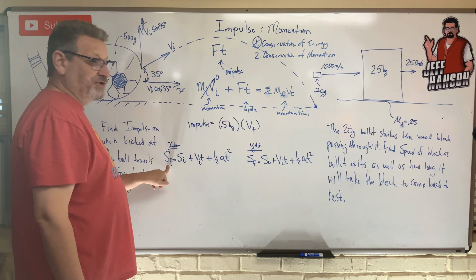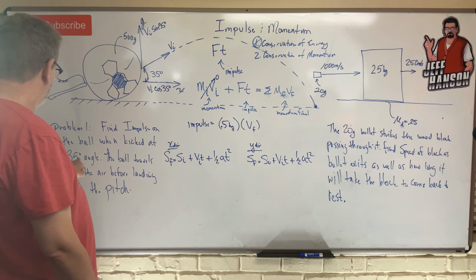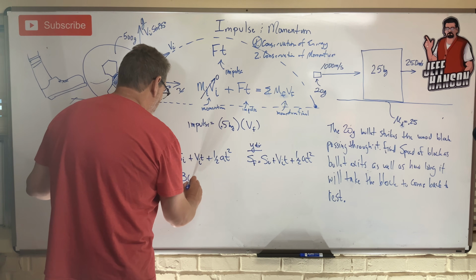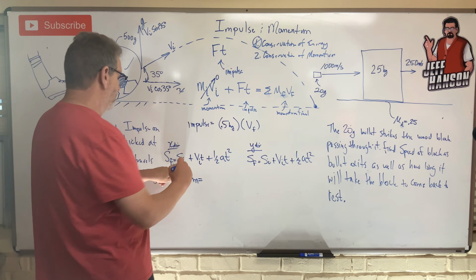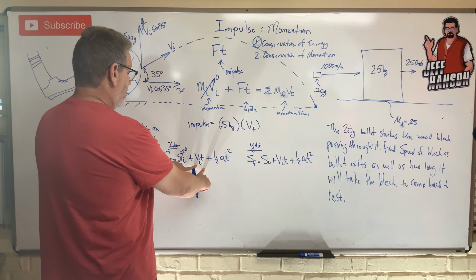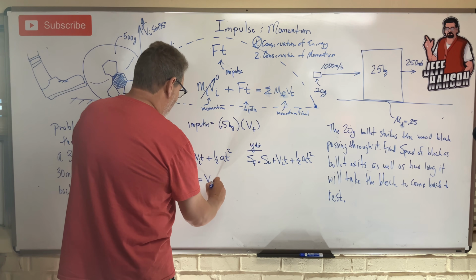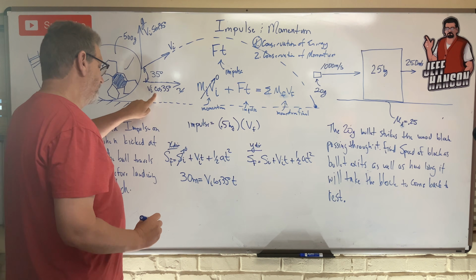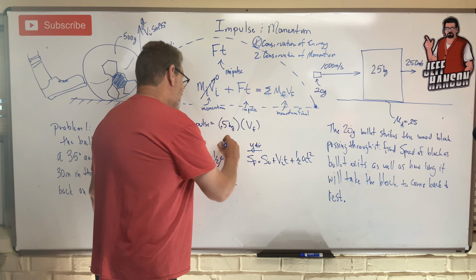So the final position, if I call this 0, the final position was, well, there it is, 30 meters, right? So 30 meters is equal to initial position, that's 0, plus V sub I cos 35 times t, okay, plus, what's the acceleration in the x direction? That's 0.